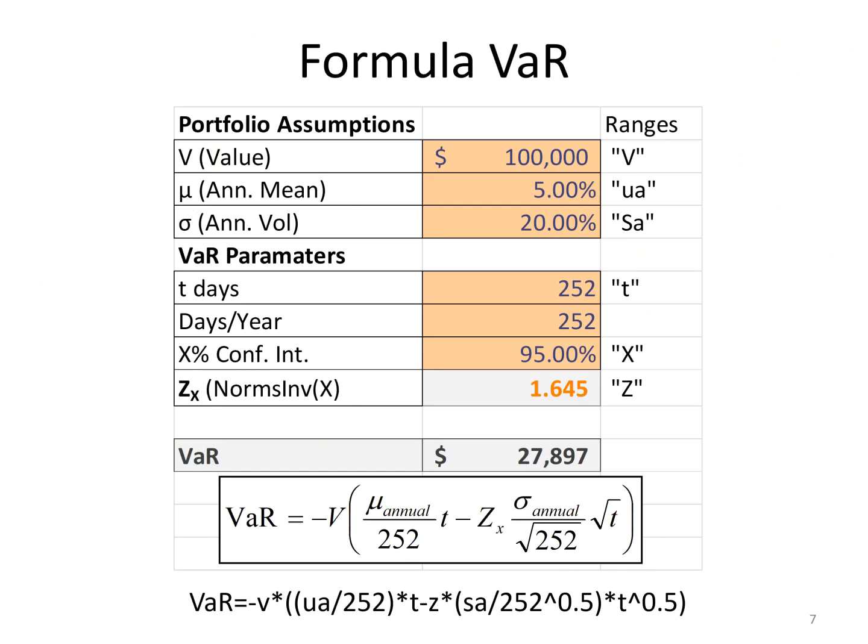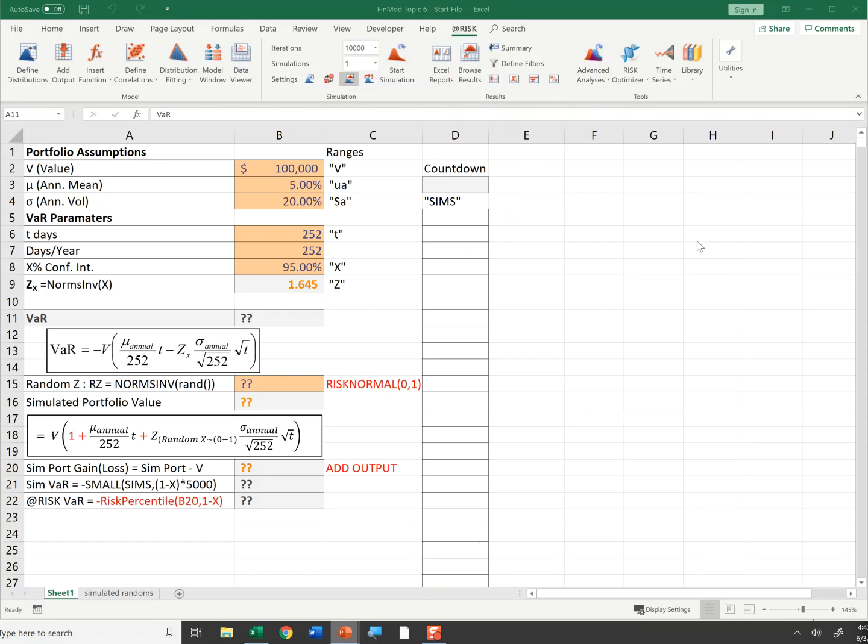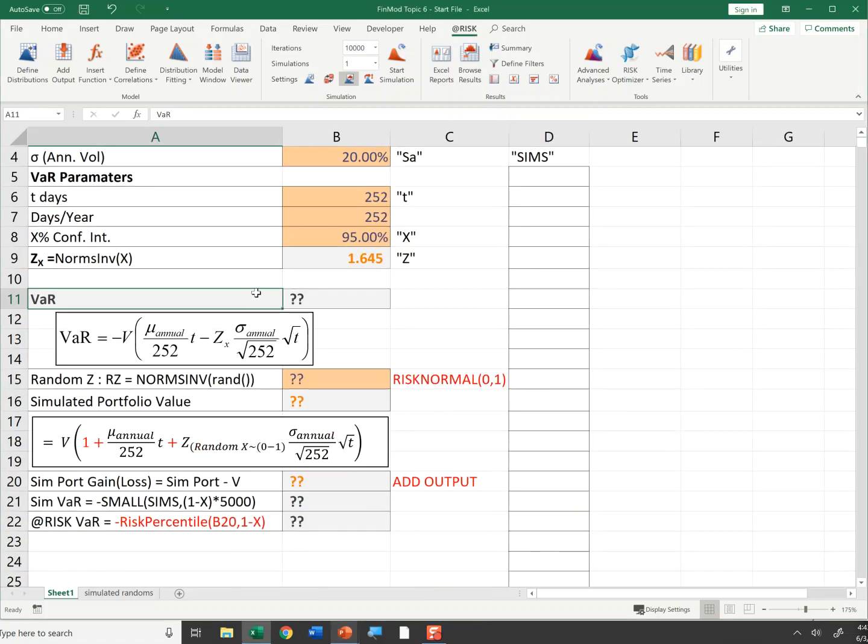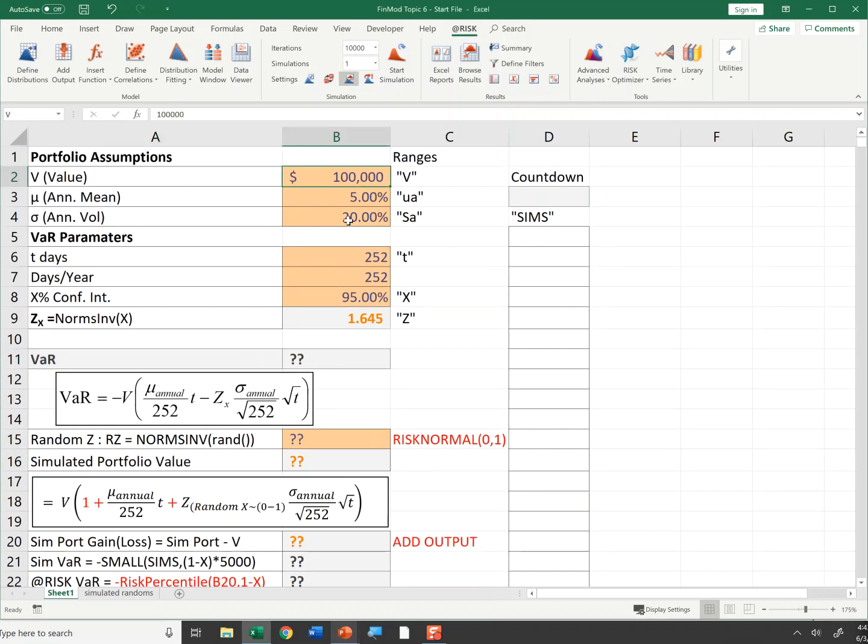So let's go to the spreadsheet and calculate VaR for this portfolio. And look, I already have some named ranges set up. I have V, you can look up here in the top left corner. UA is the annualized mean or average. 20% is the annualized standard deviation. I called it SA.